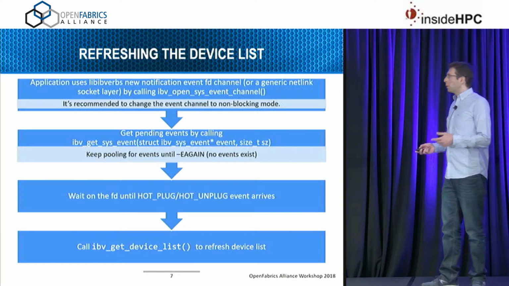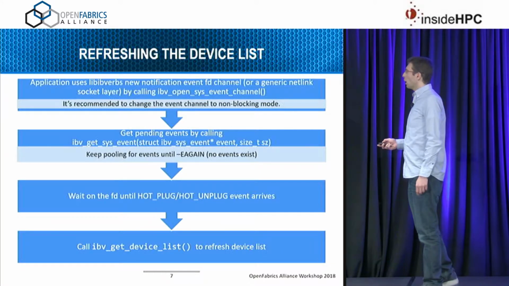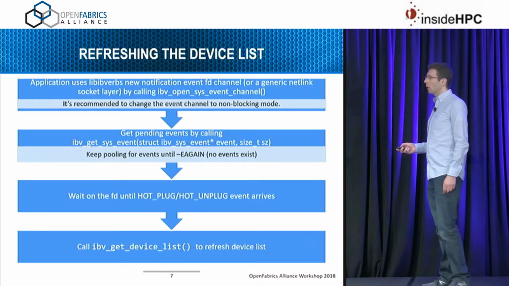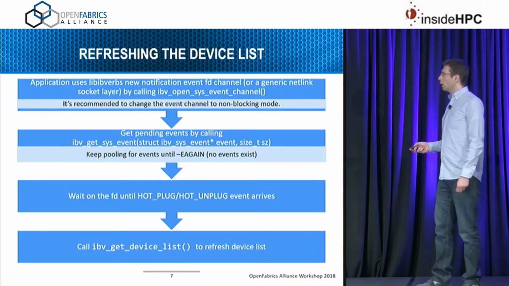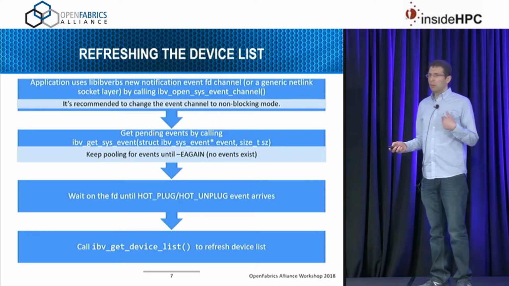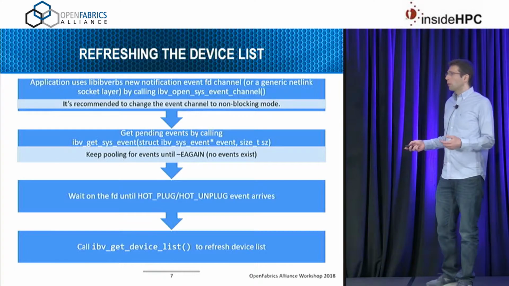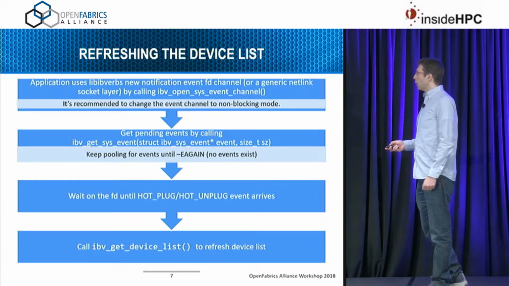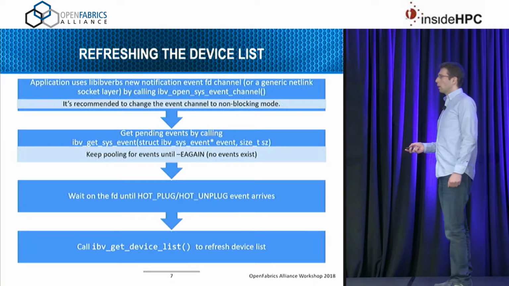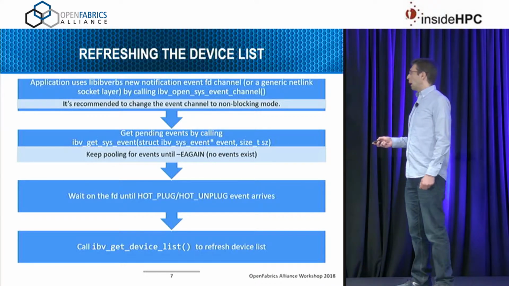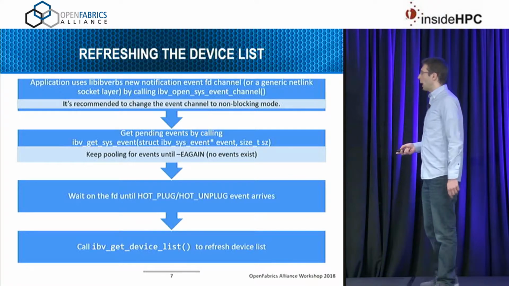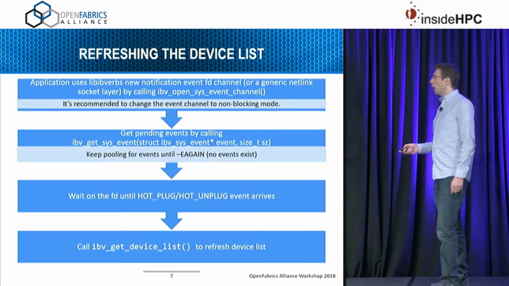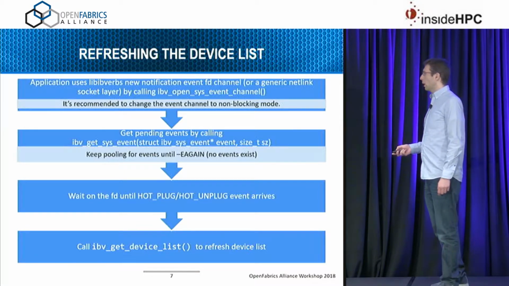It's better to move to non-blocking mode. And then you just eat the events because maybe there are some events that you don't want. And then you wait until you get a plug or an unplug, and you say, I'll scan again.